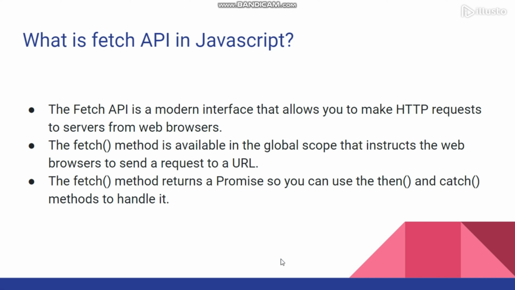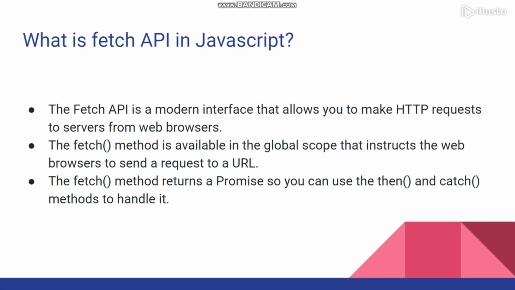The Fetch API is a modern interface that allows you to make HTTP requests to a server from a web browser. So you don't need to call a controller, some Apex or some backend language. You just need to call the Fetch API. It will call asynchronously, and it will give you a promise.